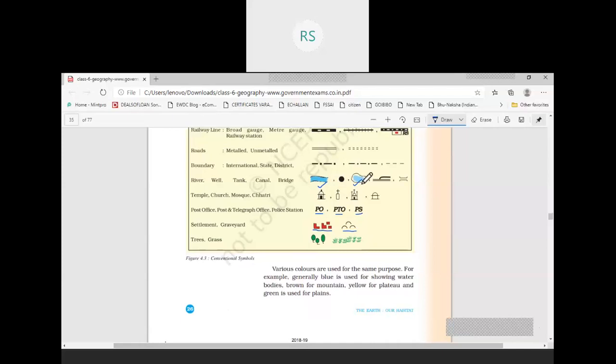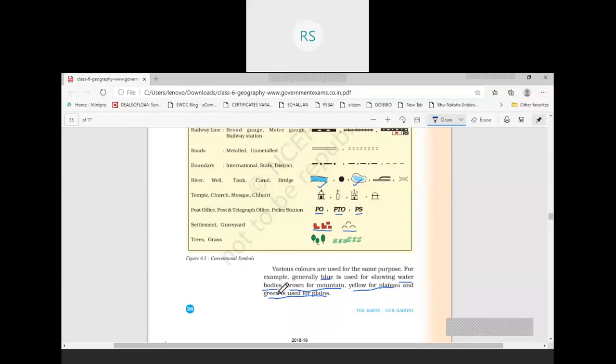In the same way, we can use brown color for showing mountain, yellow color for plateau, and green color for plains. So you have to memorize all these colors, because these are very important for you. Blue is for water bodies, brown is for mountain, yellow is for plateau, and green is for plains.